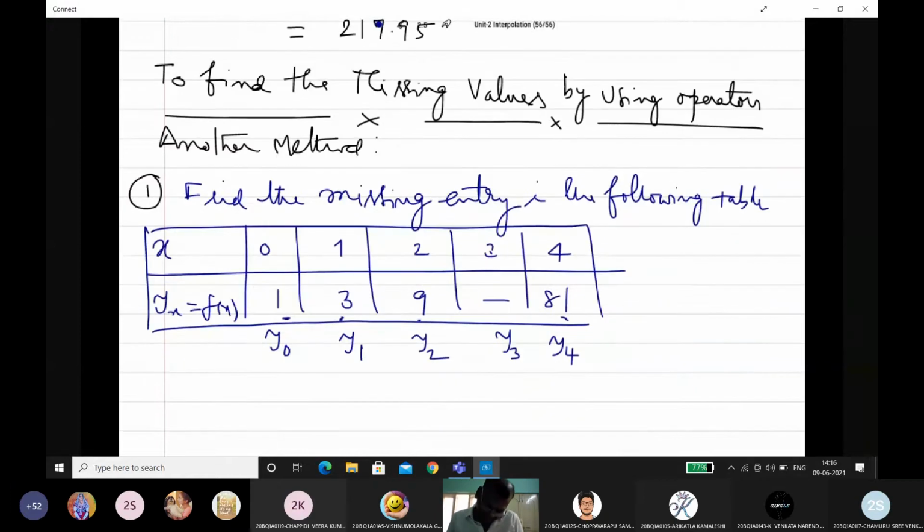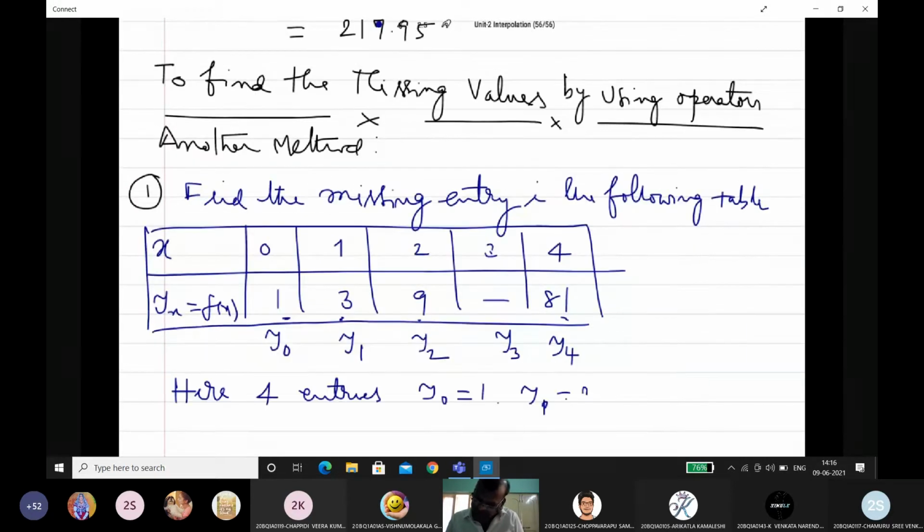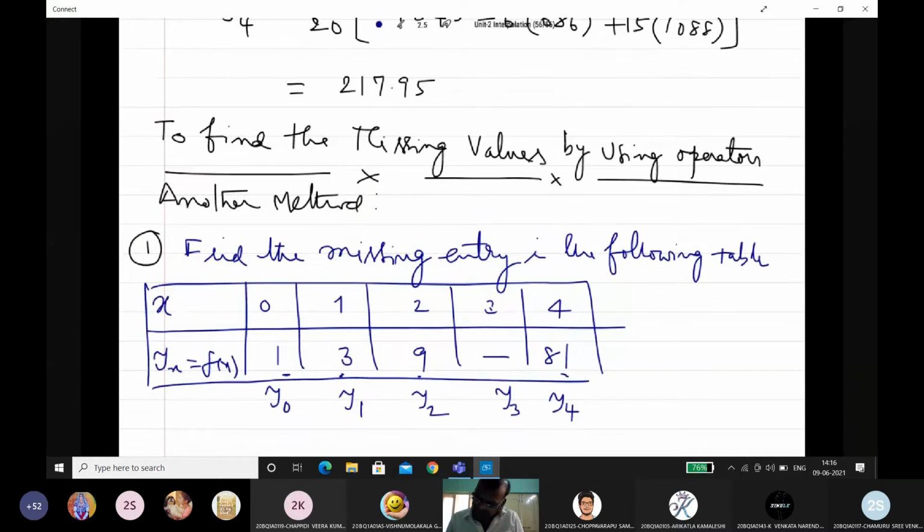Here, 4 entries are given. y0 is equal to 1. y1 is equal to 3. y2 is equal to 9. y4 is equal to 81 are given.